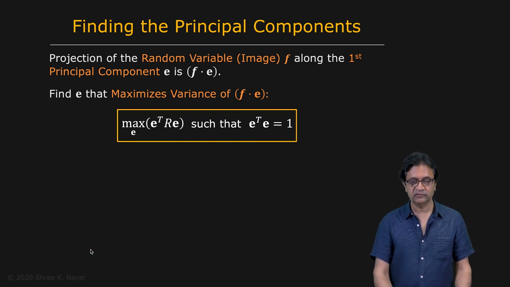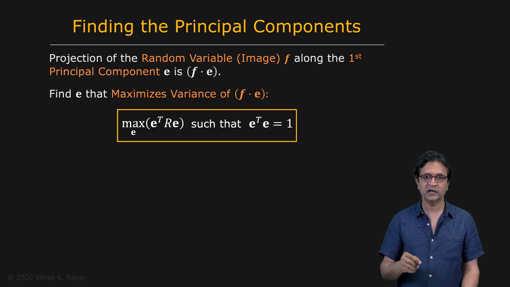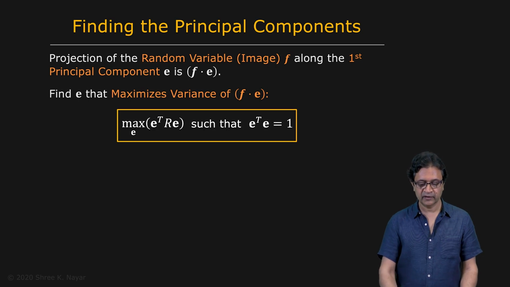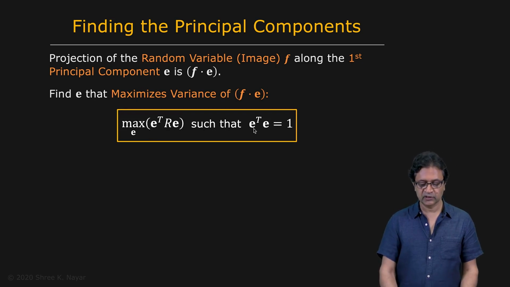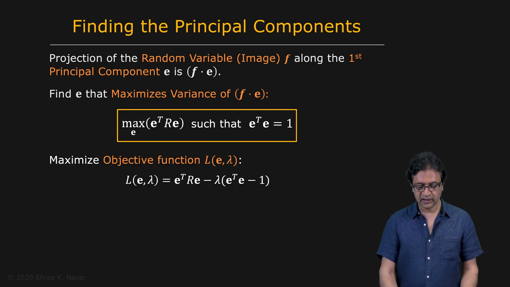So now we want to find the e that maximizes the variance of f dot e, which means it maximizes e transpose R e, with one additional constraint, that each one of these vectors must be a unit vector. So e transpose e should be equal to 1. We can develop an objective function or a loss function, and let's define that as L. L is equal to e transpose R e minus a multiplier lambda times (e transpose e minus 1).